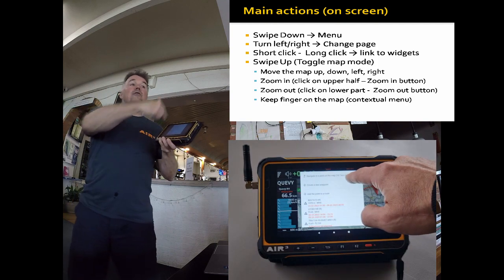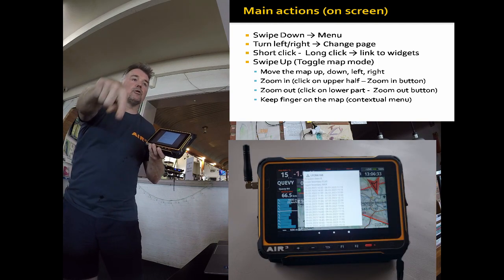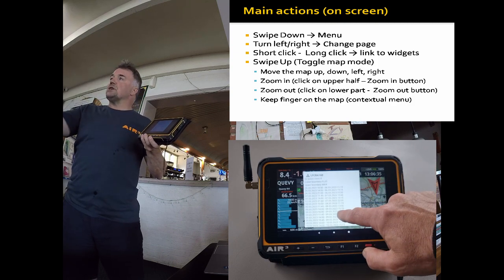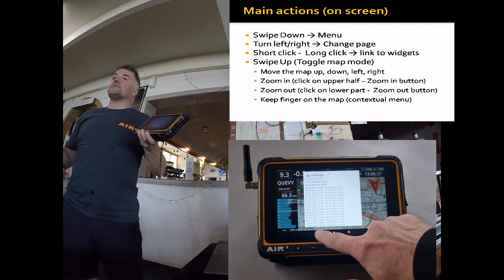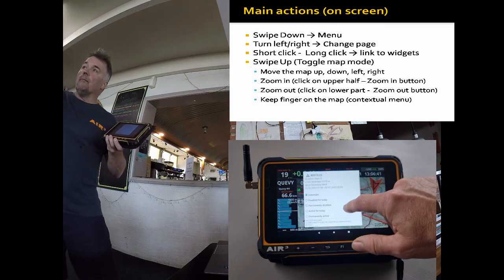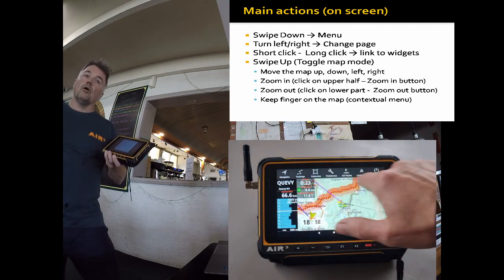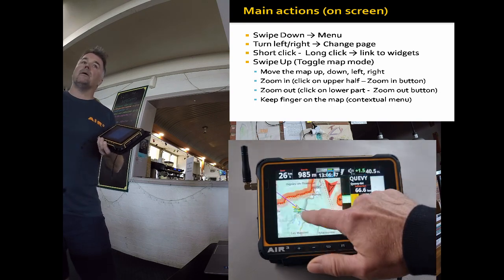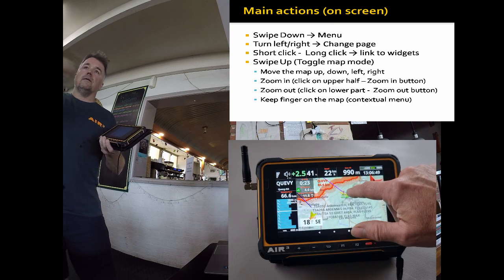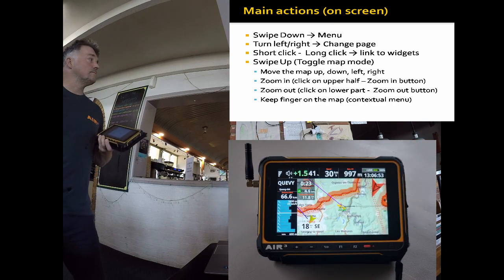Or you can also have the list of all the airspaces where you have put your finger, and then have specific information for each of these airspaces. Okay? So basically, just a quick reminder: menu, switch page left, switch page right. And if I go up, then I'm in toggle map mode. Okay? There are 4 different ways of going from one to the other.